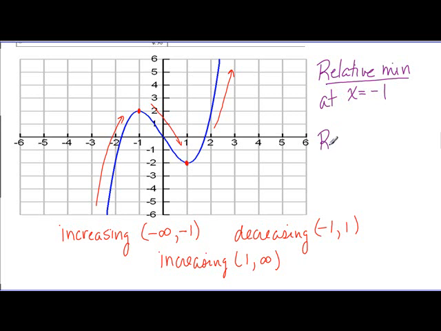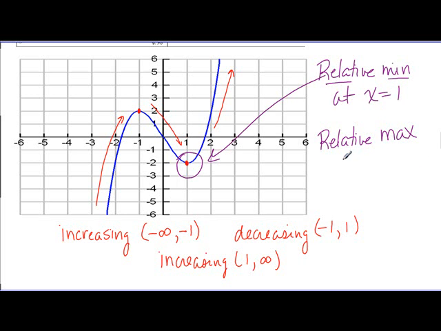Wait, that's wrong. I did that wrong. There's a relative minimum at the point where x is equal to +1. That would be this point right here. And a relative maximum at the point where x is equal to -1. That would be this point right here.